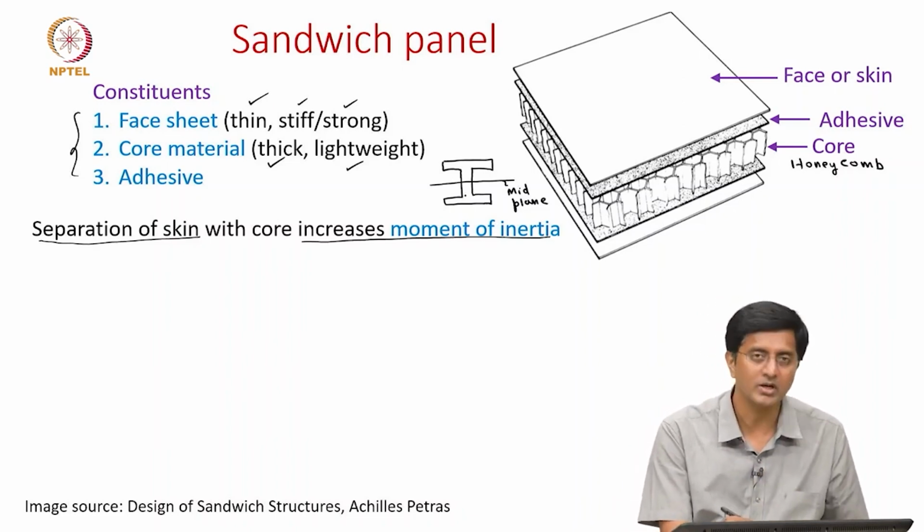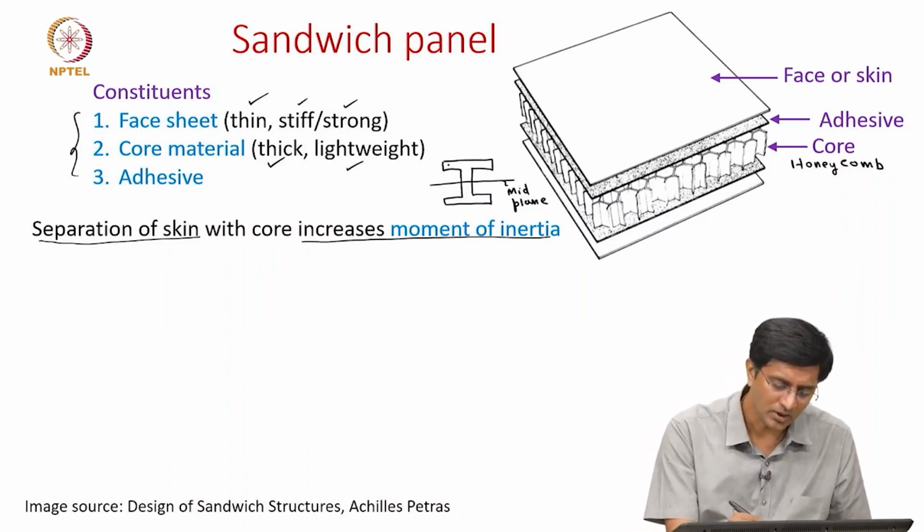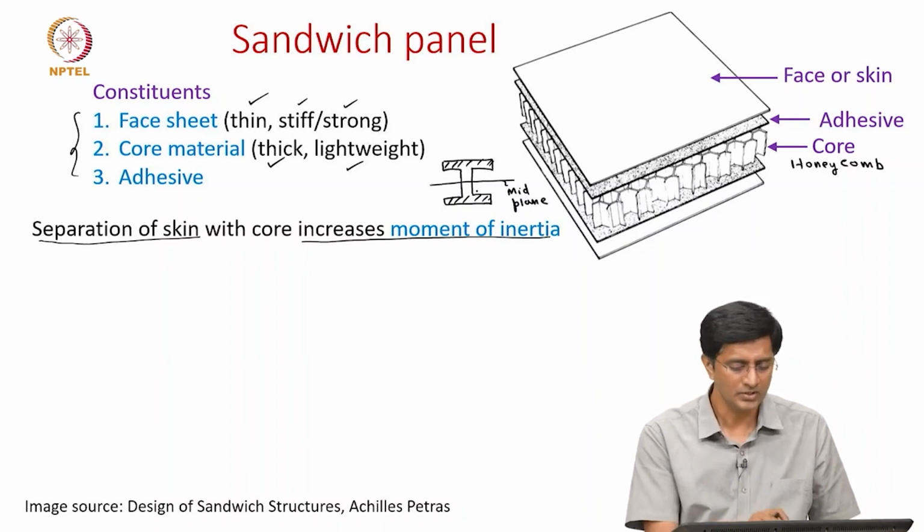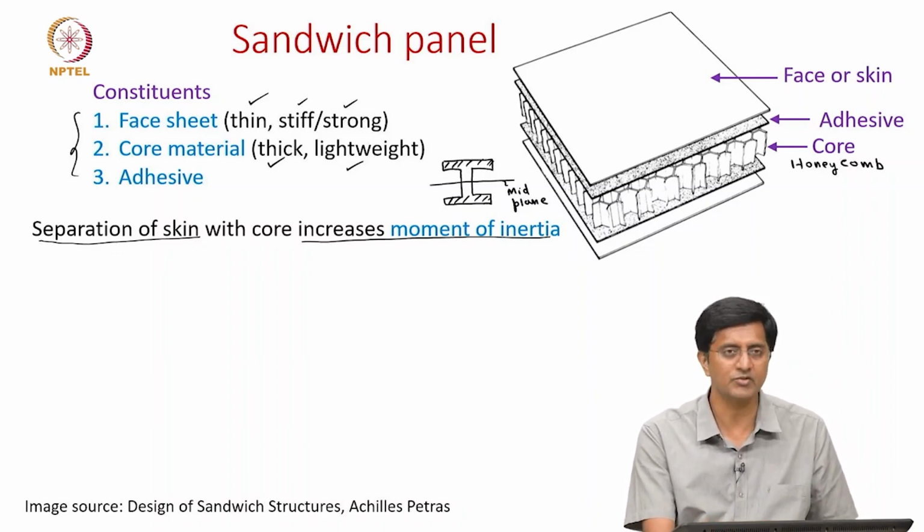An I-beam achieves this because the majority of the mass is focused at the ends, and these are connected using a thin beam. We use the same concept in these sandwich panels.